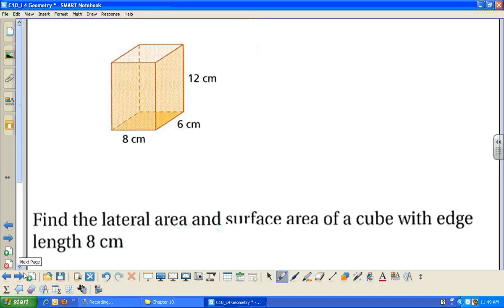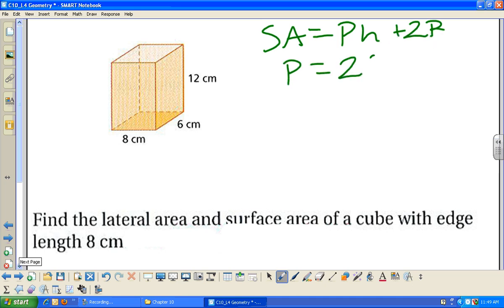So if I have the figure of a rectangular prism, I'm going to use the equation PH plus 2B. P here is equal to 28: 8 plus 8 plus 6 plus 6. B here is equal to 48, because 8 times 6 is 48.